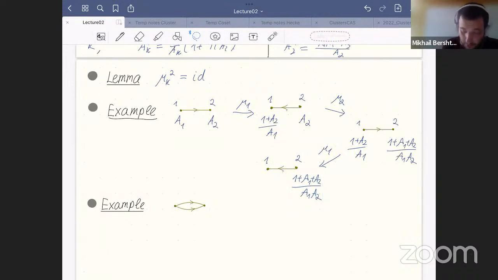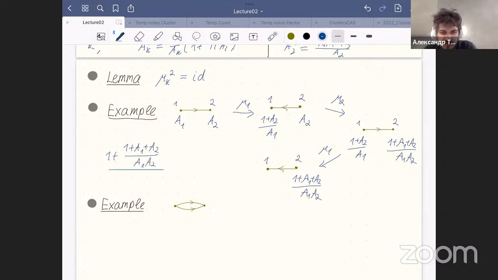Now let's compute what will be the first variable. We should take 1 plus this fraction, divided by A1, divided by 1 plus A2.